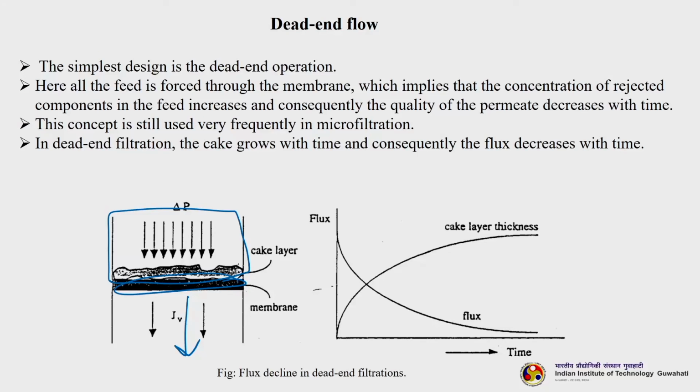The deposition of the cake layer, which is nothing but your concentration polarization layer, is very fast, and the flux decline is also very fast. You can see how the flux is declining with respect to time as well as the thickness of the cake layer, that is enhanced, and both are happening simultaneously at a very fast rate.